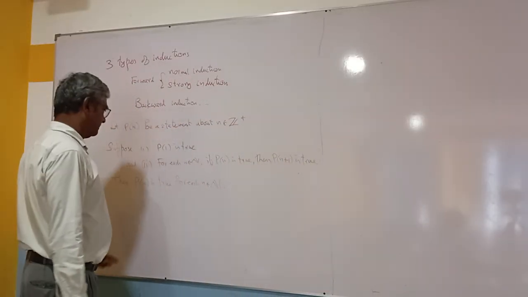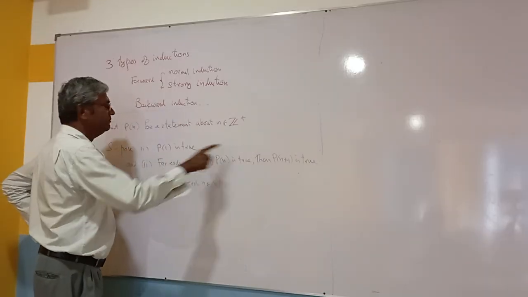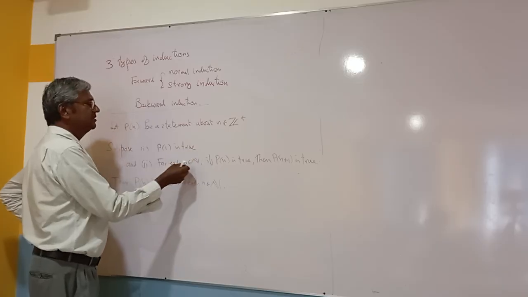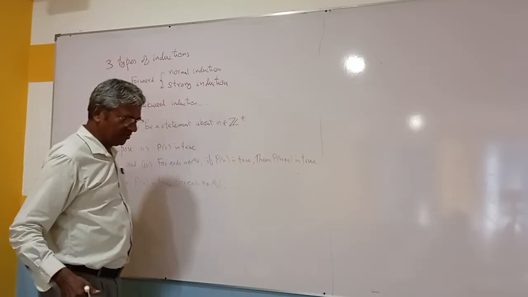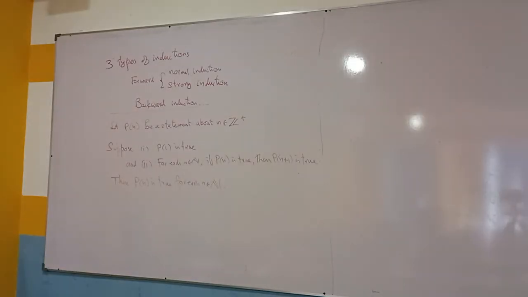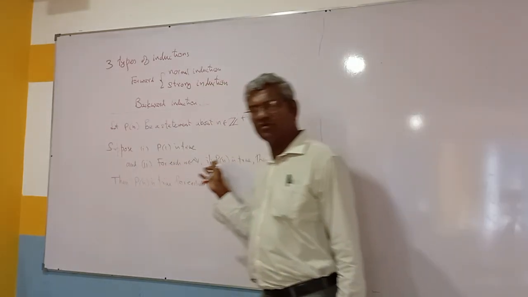So, if you want to apply the principle of mathematical induction, first you have to prove P1 is true, then you take any arbitrary n belongs to N, assume that Pn is true, a conditional proof, then you prove that Pn plus 1 is true. It proves that Pn is true for all n. But there are at least 4 methods to prove the second one.